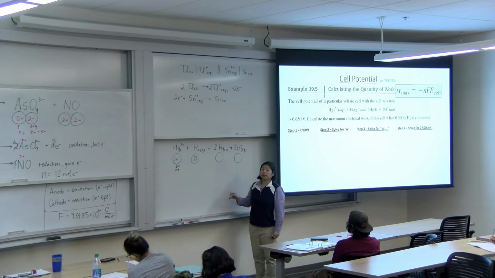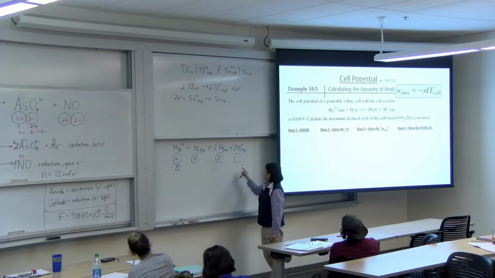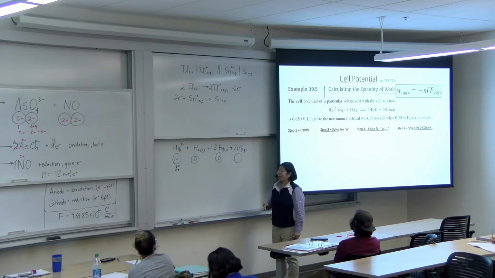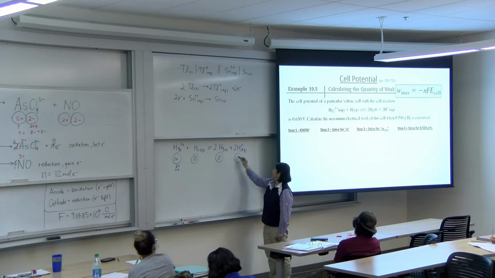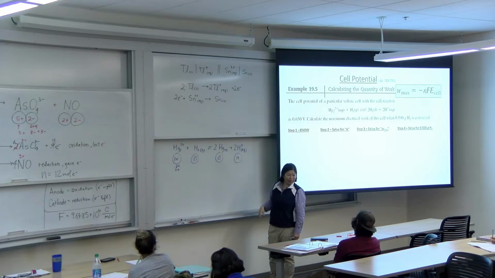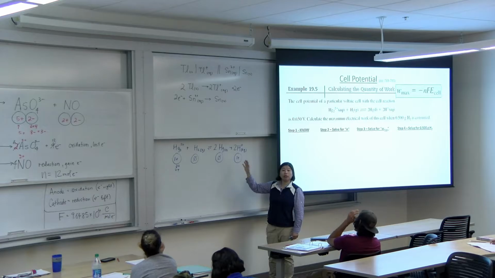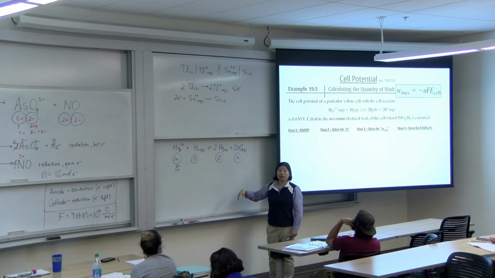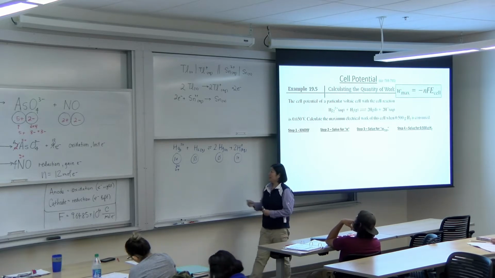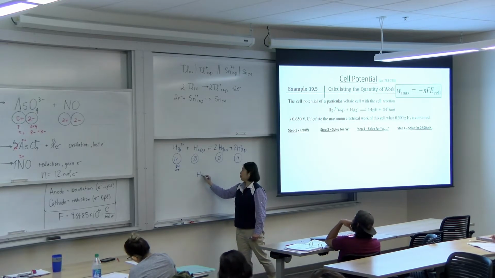Hg is 0, it is elemental. No, no, no. 1 plus. There's 2 of them, but each one is 1 plus. When you're doing these, do not look at the stoichiometric coefficients. That'll throw you. Do not look at the stoichiometric coefficients when you're filling in the bubbles. Then you need to look at the stoichiometric coefficient when you're writing the half reactions.